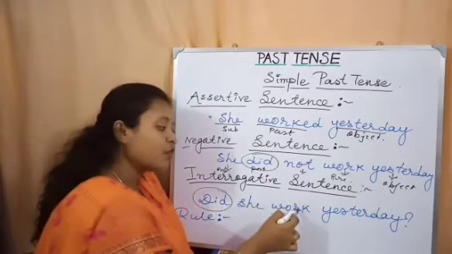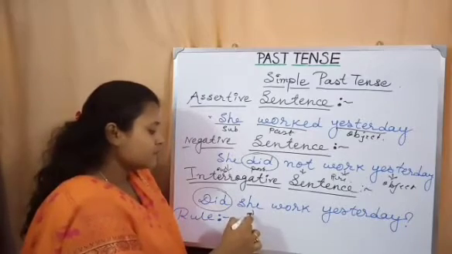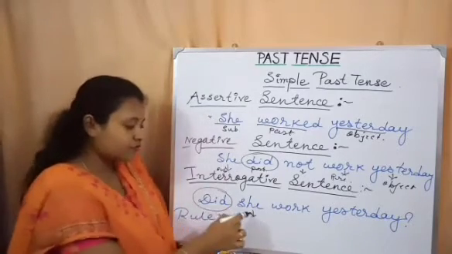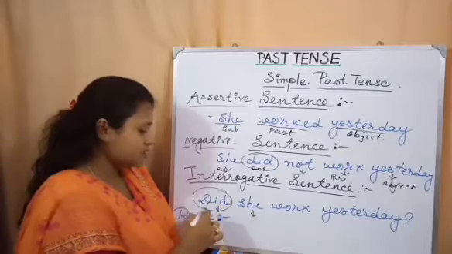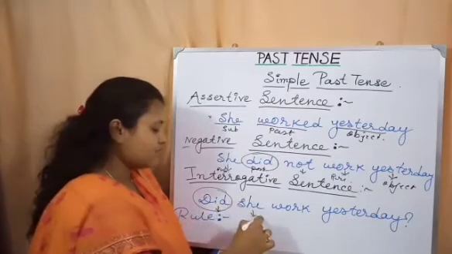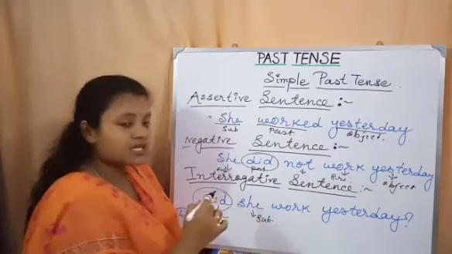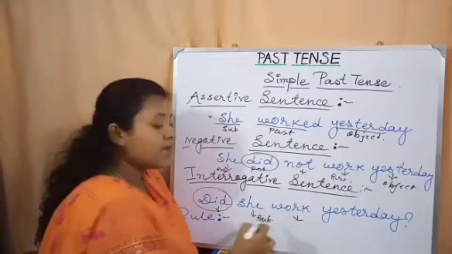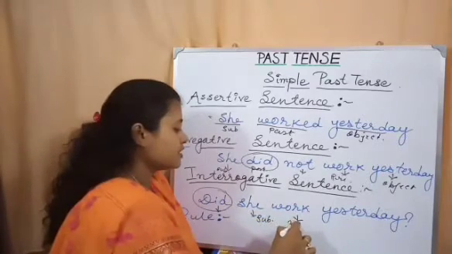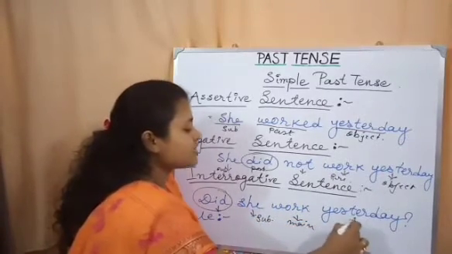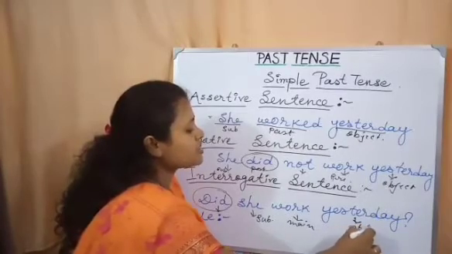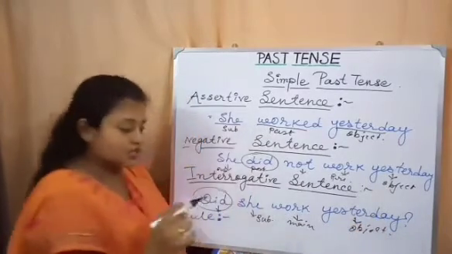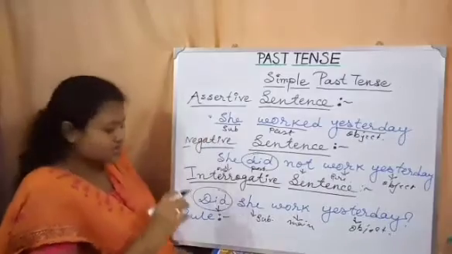Did she work? This is the auxiliary verb. After that you have to write the subject, then the main verb, after that the object.